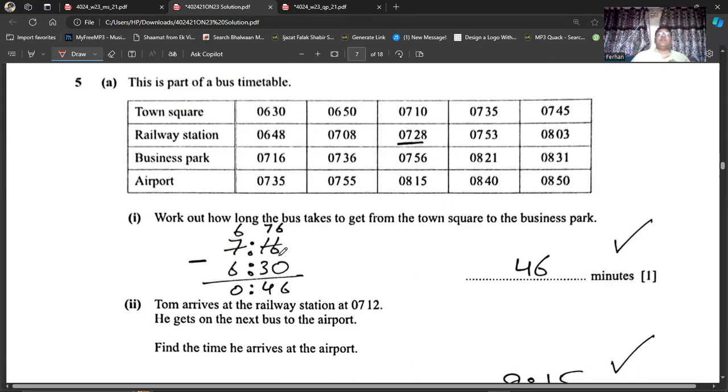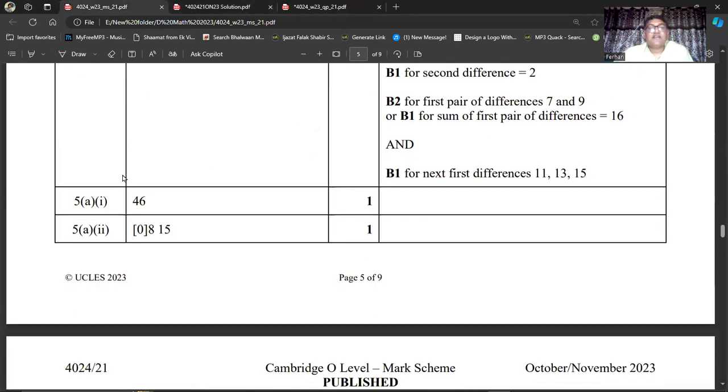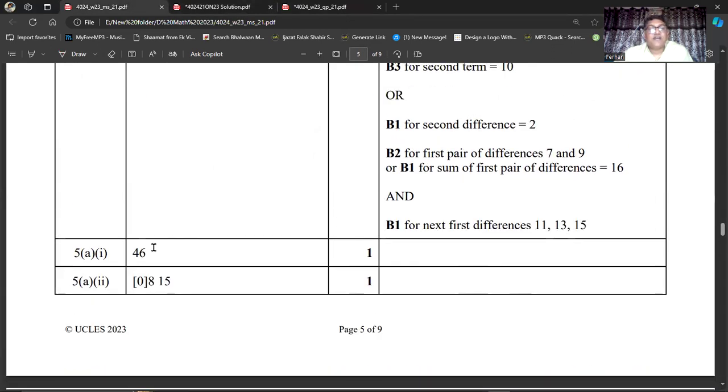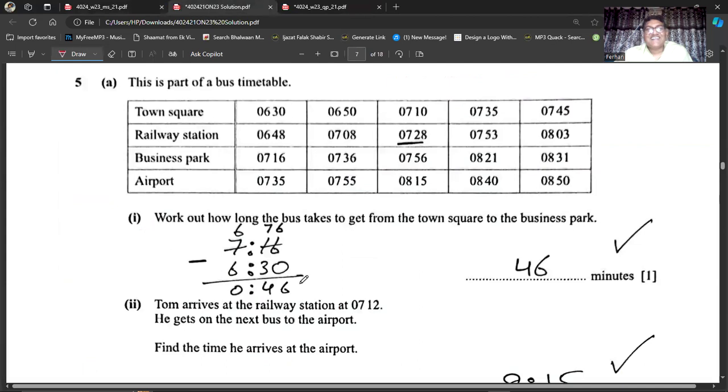So 16 minutes will become 76 minutes. From 76 minutes, you subtract 30 minutes, you will get 46 minutes. From 6 hours, subtract 6 hours, you get 0. So basically, the bus will take 46 minutes. Our answer is right. This is how this is done.